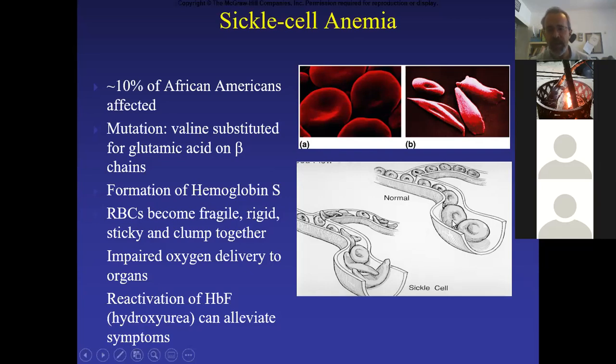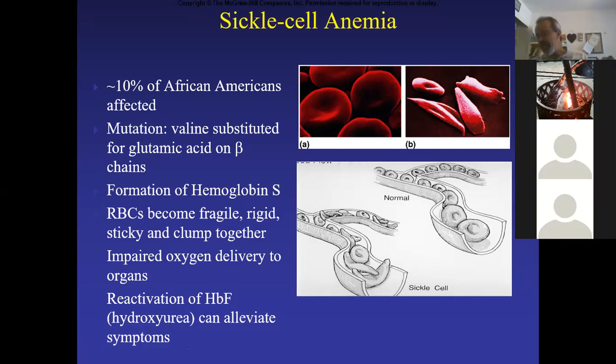These are red blood cells floating through the blood. Here you've got sickle cells, and you can see they're sticking. It really interferes with the ability of oxygen to be delivered. So many of the complications of sickle cell are due to impaired oxygen delivery or organ failure.